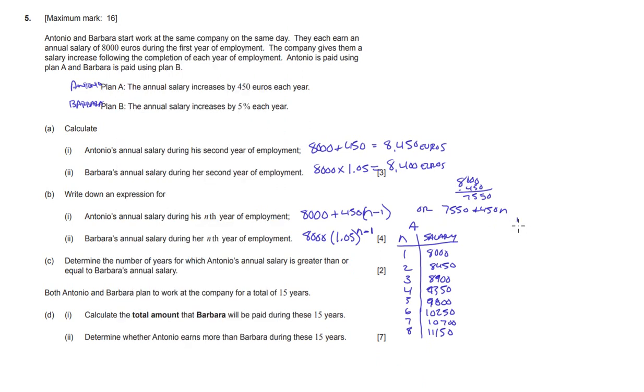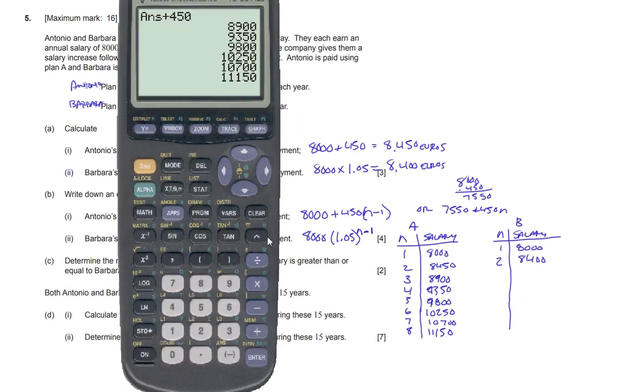So this is Barbara, her N, and her salary. When N is 1, she's at 8,000. When N is 2, we figured out that she's at 8,400. We should be able to do the same thing with the calculator here. 8,000 times 1.05 equals 8,400.